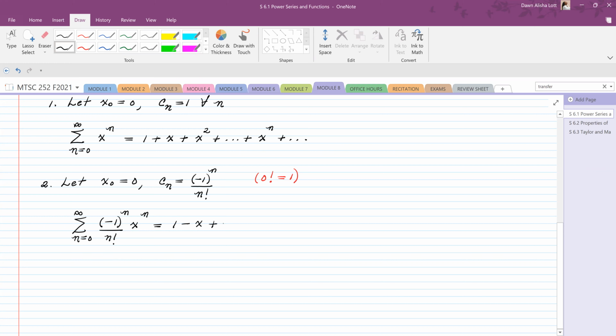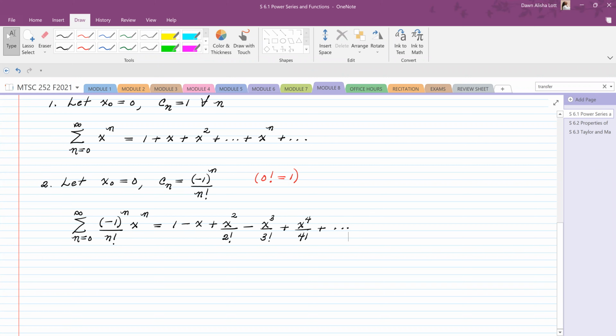The next term is x squared over 2 factorial. The next term will be minus x cubed over 3 factorial. Then x to the 4 over 4 factorial, plus dot dot dot. And it again keeps going on forever.